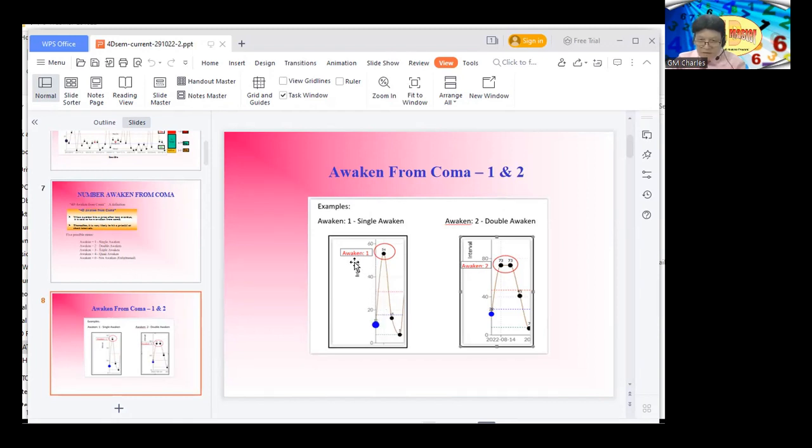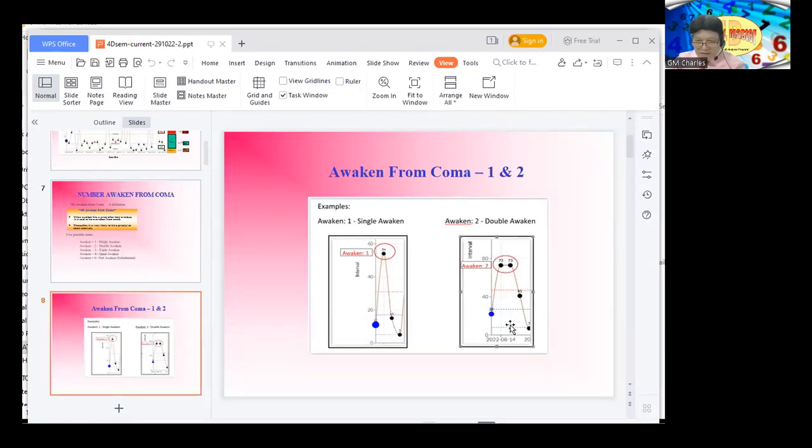This is what you call awaken 1, because it only hit OverDue one time and then it hit. Awaken 2, we call it a double awaken. You see this number going to coma at interval 73. Then again it goes into another coma, again at interval 73. In other words, after the first awaken, it didn't hit any number at the low interval.